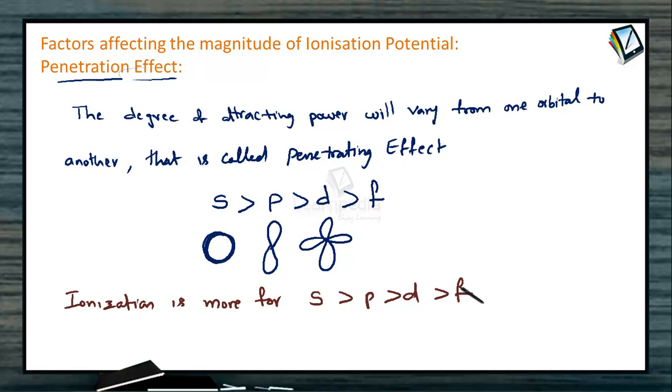So the orbital in which the electrons are present varies the ionization potential. It is high for the s orbital, and then p, d and f.